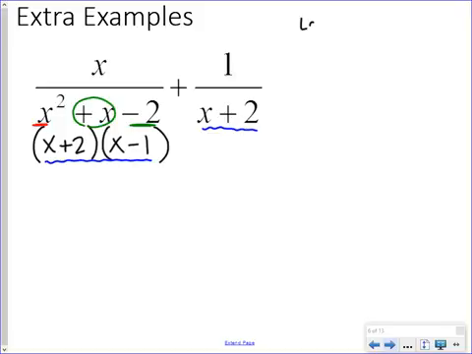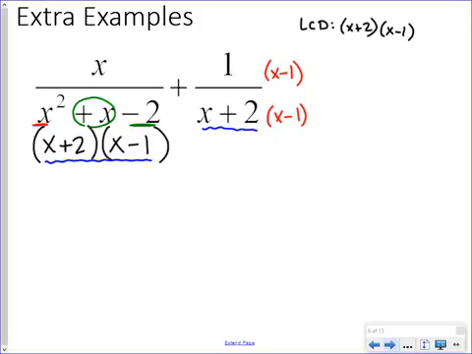So my LCD, or my least common denominator, will have that factor of x plus 2, which they both have, but my larger denominator also has a factor of x minus 1, which my smaller fraction needs. So I'm going to multiply by the missing factor in the least common denominator, and I have to do that in both the numerator and the denominator.